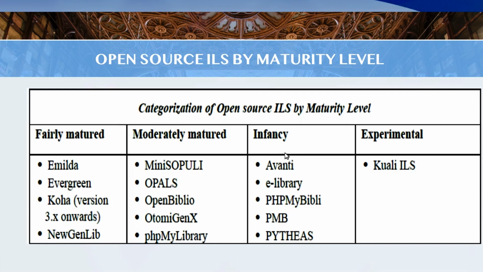In the infancy level, we have many open source software, like Avanti library. None of these is actually utilized by any of the Indian libraries, but this PMB software is coming very rapidly, and now it can move from infancy to the moderately matured group, and some of the Indian libraries are watching the development of PMB closely. At the experimental level, we have Quali ILS and Folio, but none of the Indian libraries has yet started utilizing or exploring these options.